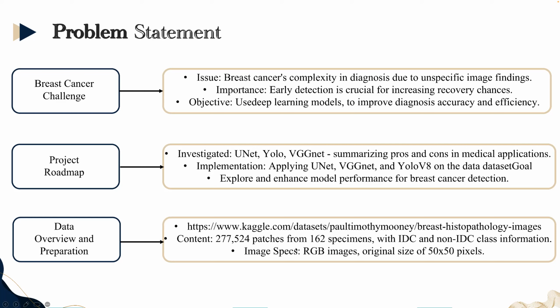The three models we have adopted for this study, U-Net, VGGNet, and YOLOv8, are at the forefront of deep learning technology. Their applications in medical imaging have revolutionized how we approach disease classification. By comparing their performances, we aim to not only contribute to the field of medical imaging, but also to provide insights into the best practices for implementing AI in healthcare.